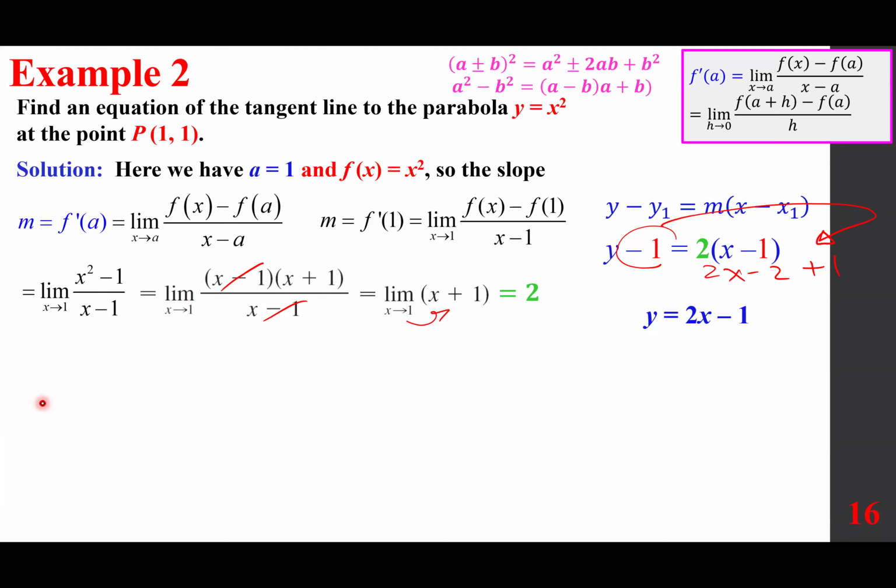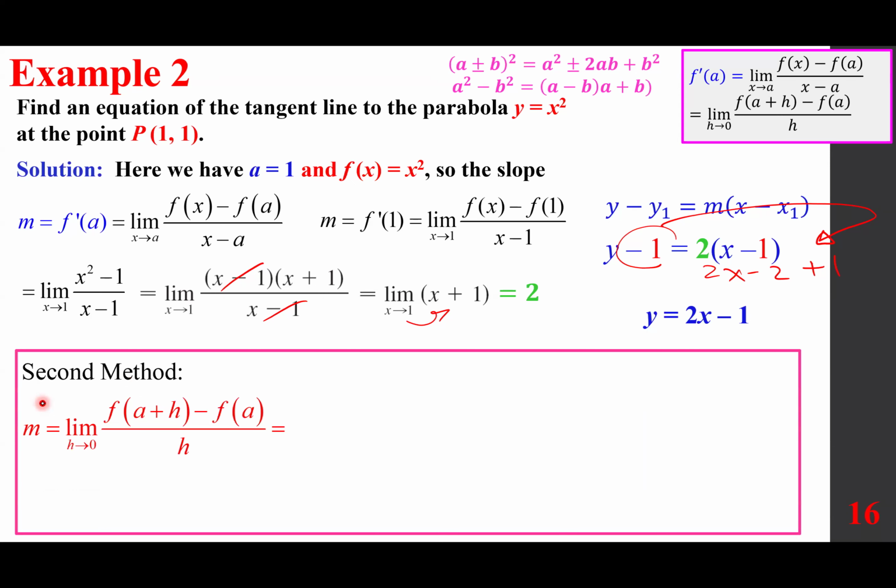We are done with that, but for practice, as we did it in class, I want to go with the second method as well, which means we are going to use this one. And bear in mind, for this exam, you must use the definition, not the easy way out, which is coming up. So the limit of f of a plus h minus f of a over h as h approaches 0, where a is 1. So f of 1 plus h, if you put it in here, you get 1 plus h squared.